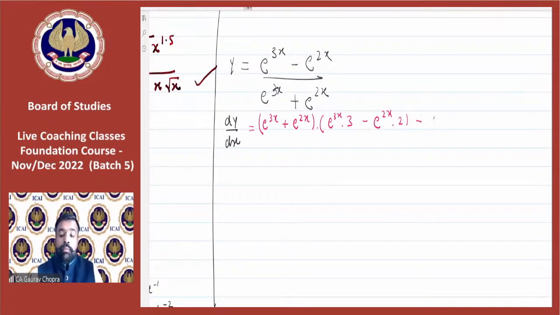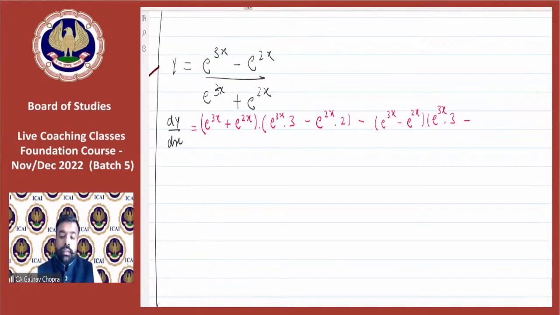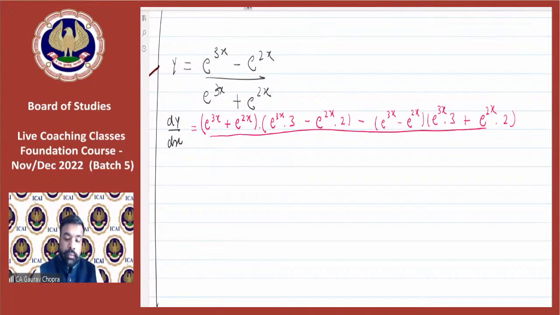Minus, this time the numerator will remain as it is, e to the power of 3x minus e to the power of 2x, and then we differentiate the denominator, so that will be e to the power of 3x multiplied by 3 plus e to the power of 2x multiplied by 2, and then the whole divided by e to the power of 3x plus e to the power of 2x, whole square.